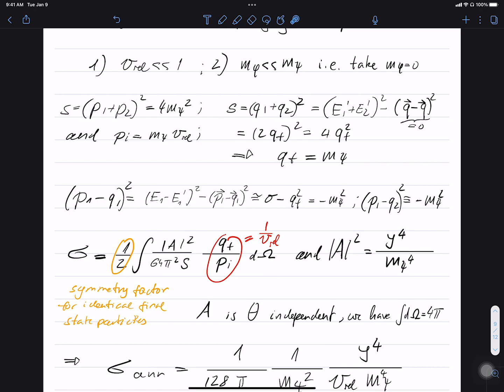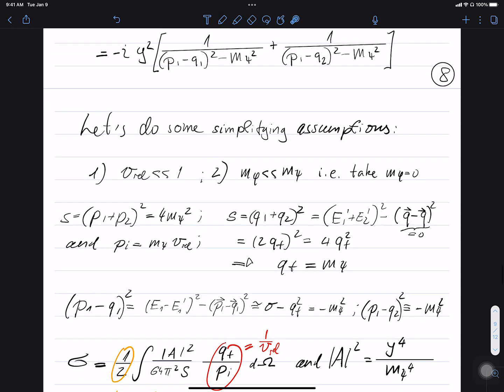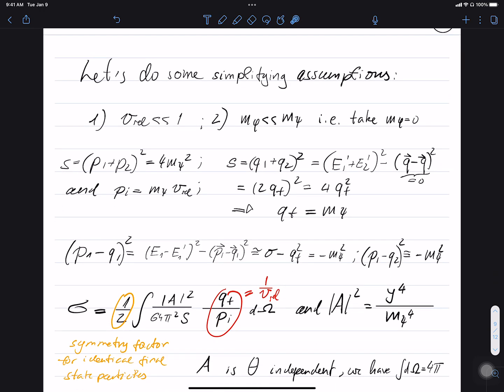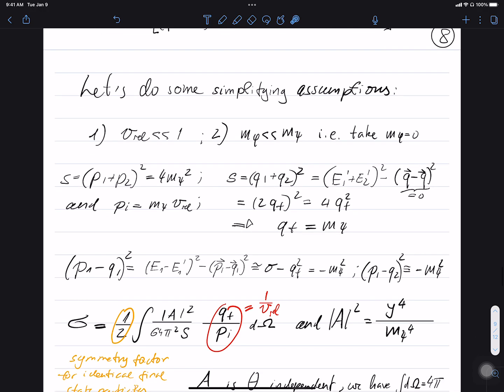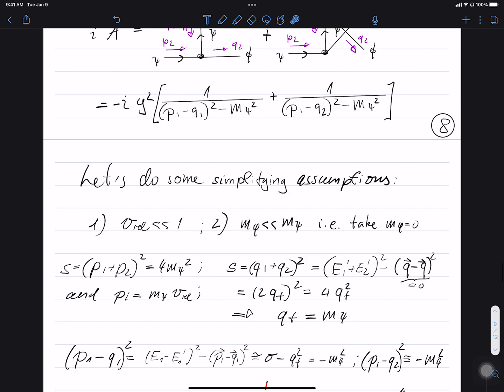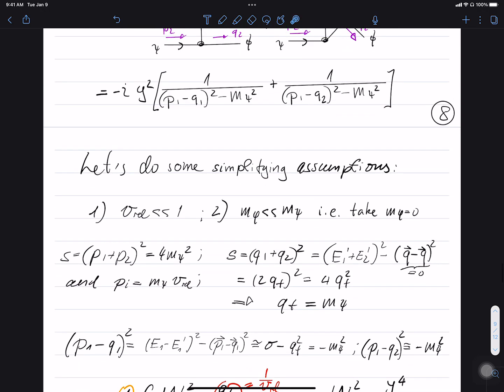So in these diagrams, for both t and u, we get minus m psi squared in the denominator. So we have 1 divided by minus 2 m psi squared from each term here.